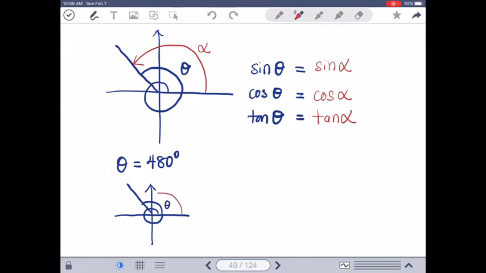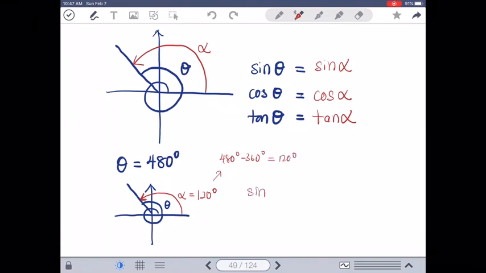And we can also find that lambda is just equals to 120 degrees, because 480 minus 360, you should get 120.